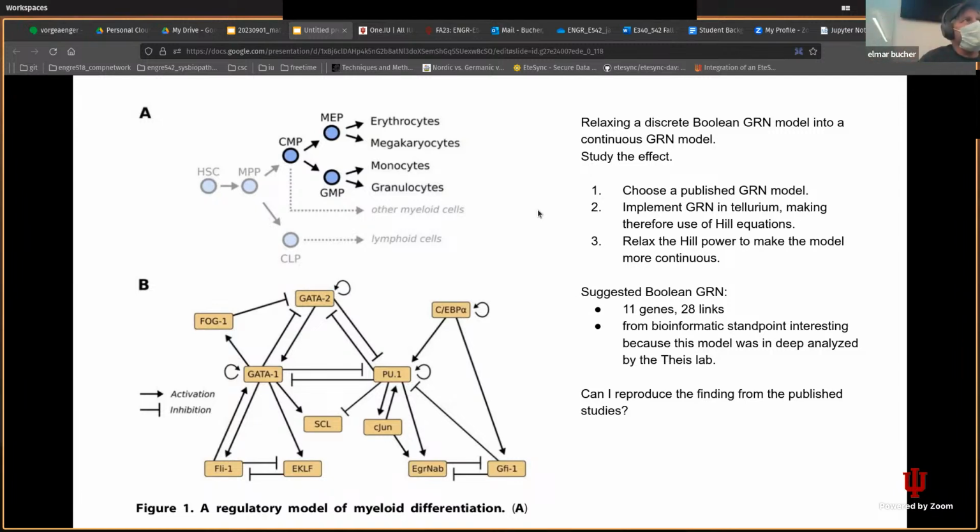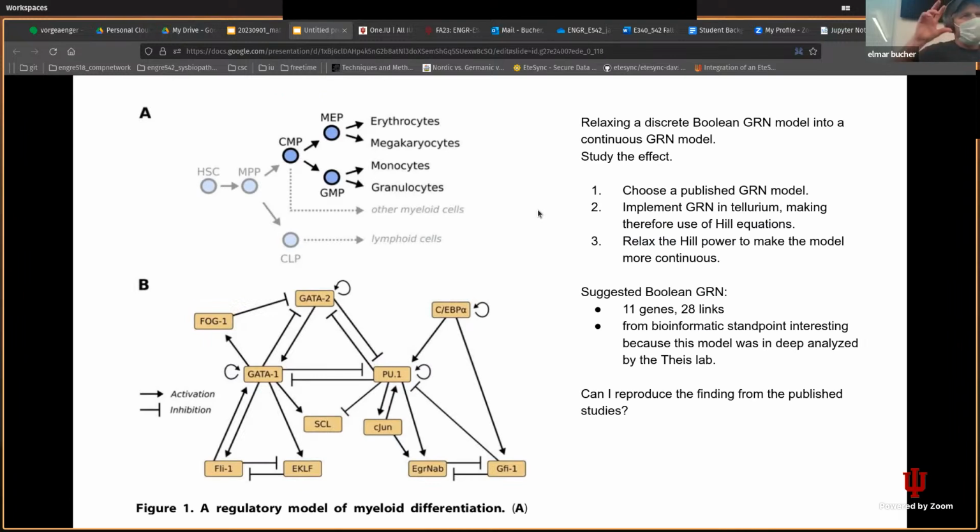So a Boolean regulatory network is a little bit different. What you have is Boolean gates like AND, OR. Are you aware of that? No. Okay. Did you have set theory once in primary school? So when you have an intersection or a union. A union more or less is an OR.